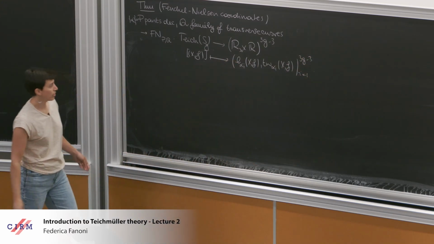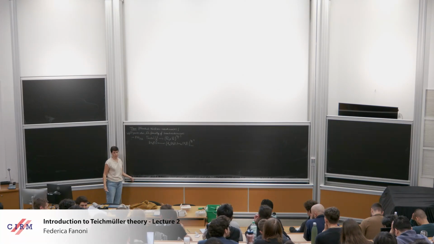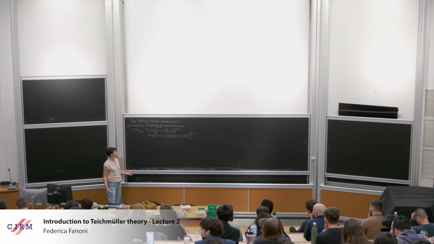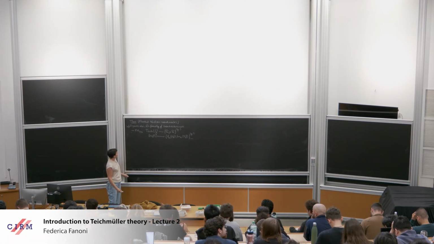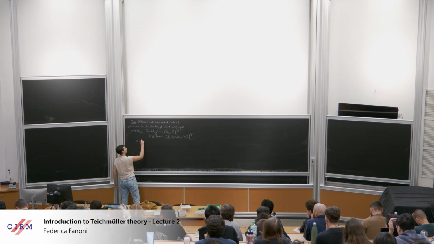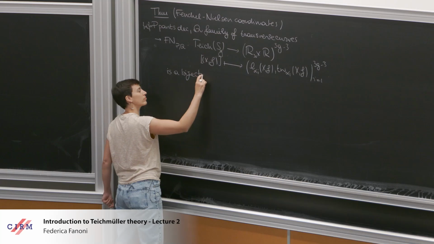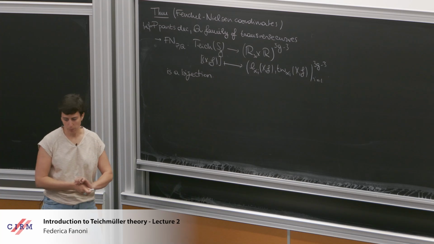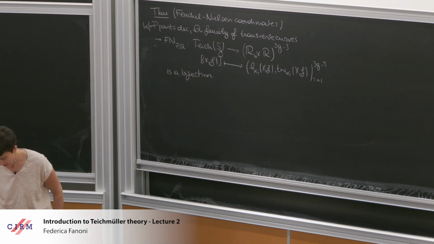Okay, and there was this funny way of constructing the twists, which essentially is supposed to encode the way you glue. So it's a bijection. So these twists are supposed to encode the way you glue pairs of ends.